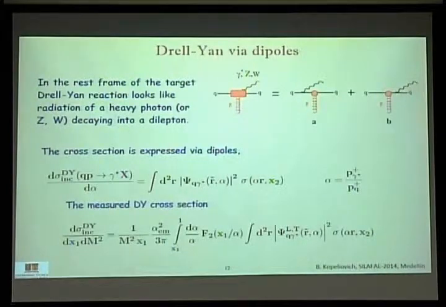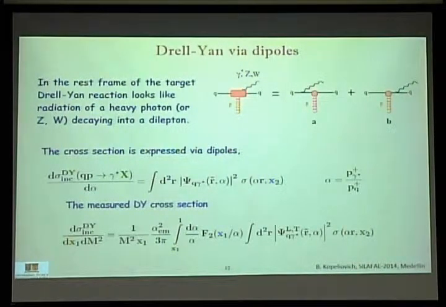Now, let's try using this scheme. Let's try to predict Drell-Yan, similar to what has been done for inclusive reactions in the factorization-based scheme. So in this case, we have two Born graphs. First of all, the Drell-Yan process does not look anymore like quark-antiquark annihilation. In the rest frame of the target, it looks like bremsstrahlung.